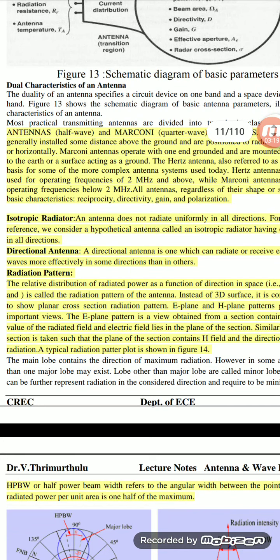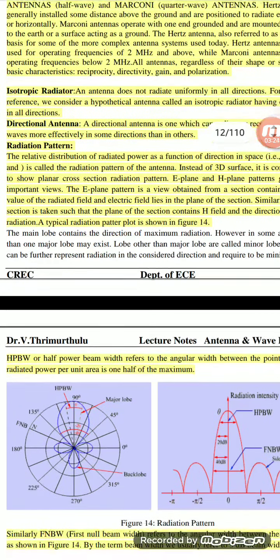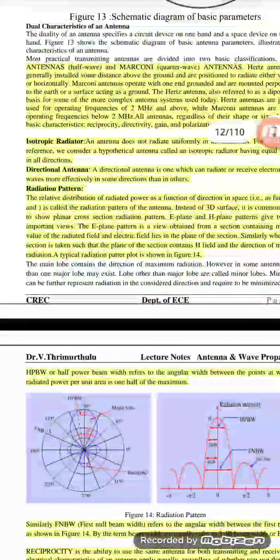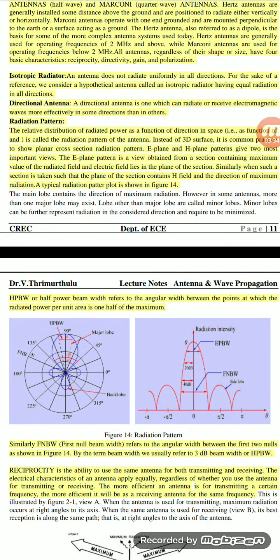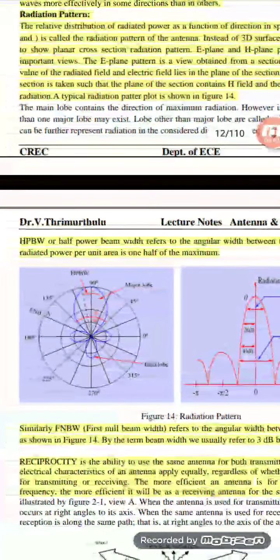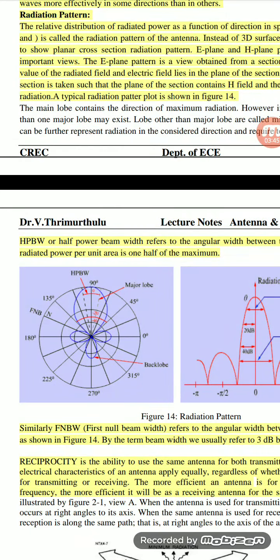So the total antenna parameters and calculations cover the isotropic radiator, directional antennas, and radiation patterns. See the half wave and full wave parameters. First, the block diagram of radiation patterns. It is a total of 360 degrees for the antenna: 0 to 180, 135, 90, 45 degrees, 270, 235, 215 degrees.